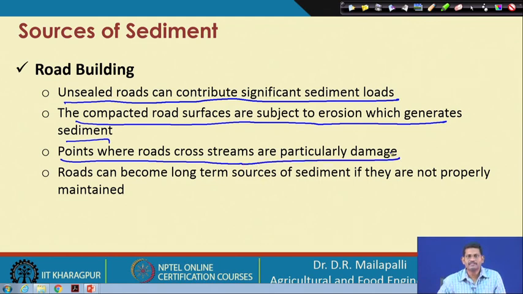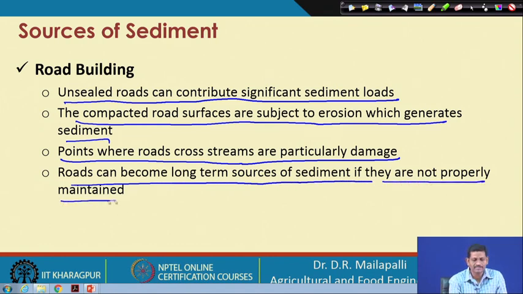If you see during flooding, the roads which cross the stream flow are going to be damaged first, and roads can become long-term sources of sediment if they are not properly maintained.